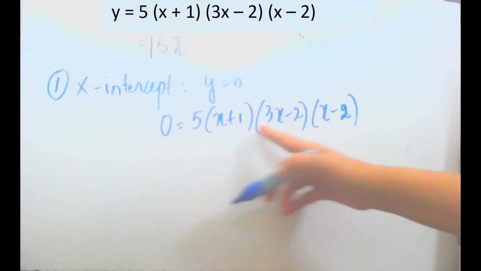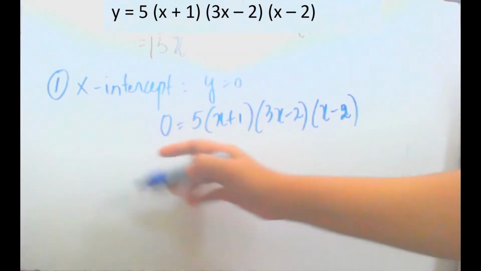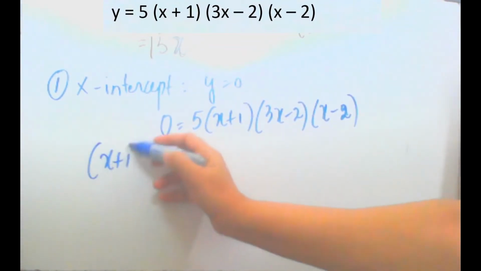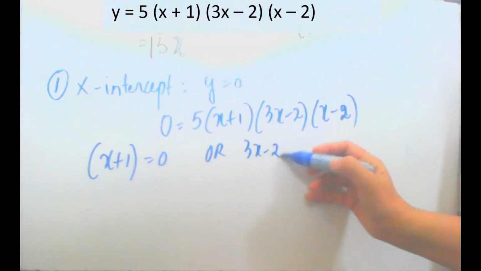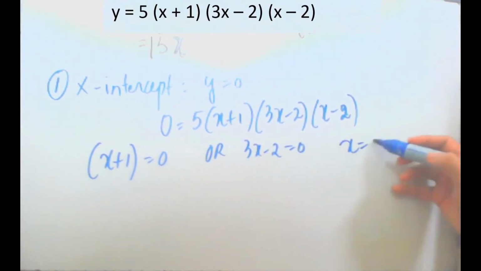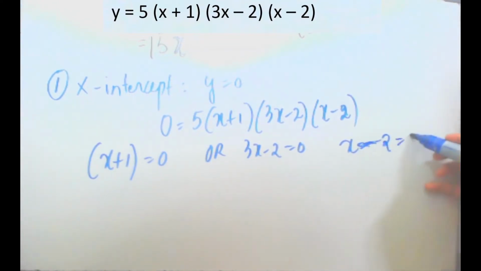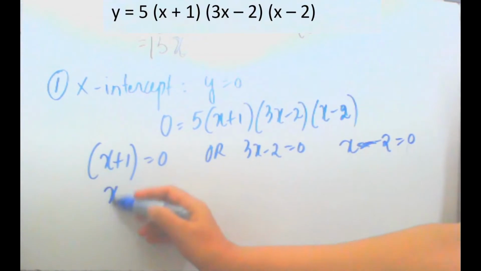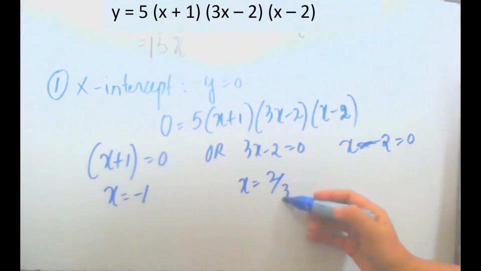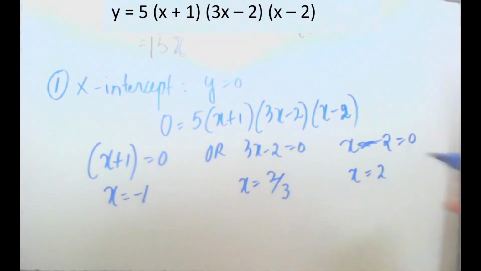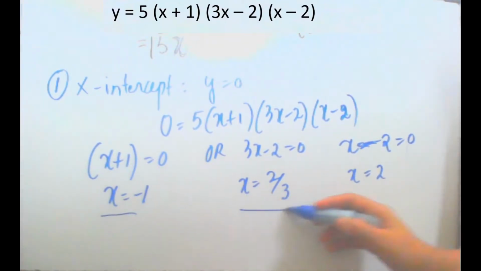If the product of three brackets is 0, that means any one of the brackets must be 0. Or x minus 2 is 0. So from here we get x equal to minus 1, x equal to 2 over 3 and x equal to 2. So these are the three x-intercepts.